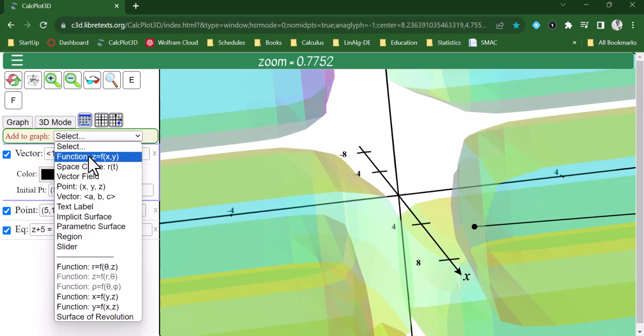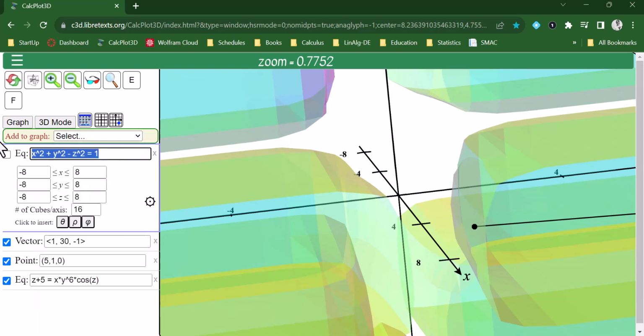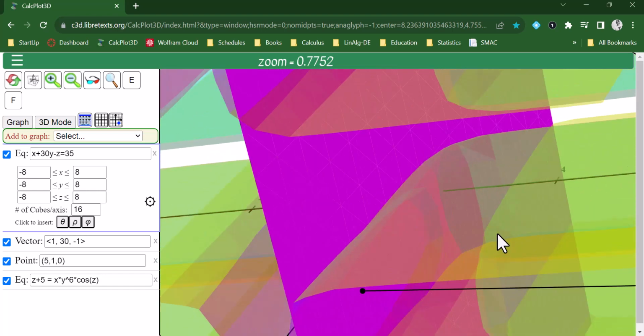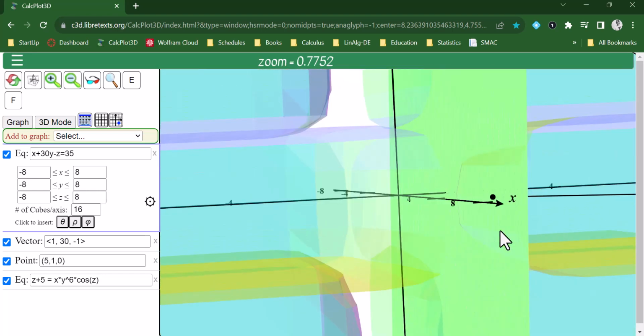But let's be more interested in finding the plane, or graphing the plane to see if it's there. So I'll do the plane as an implicit surface, and it was x plus 30y minus z is equal to 35, I think was the d that we found. And let's go ahead and graph that. And we hope to see a plane that would be tangent to the surface.